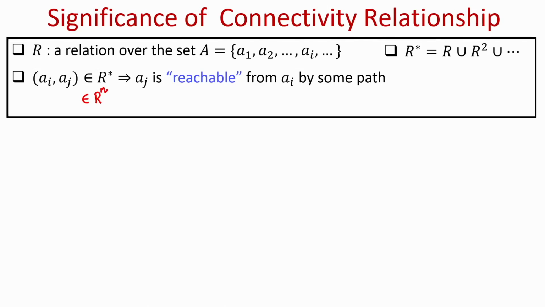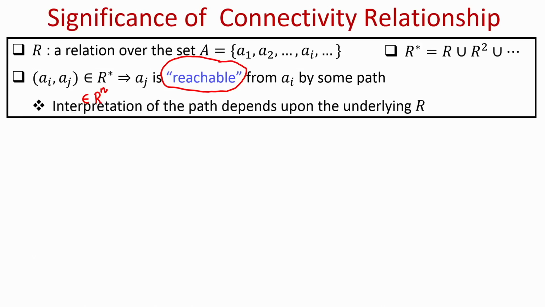That means I have a path of length n from the node A_i to the node A_j. That is what we have proved, and abstractly we can interpret it as: in the graph of your relation R, the node A_j can be reached by some path from the node A_i.